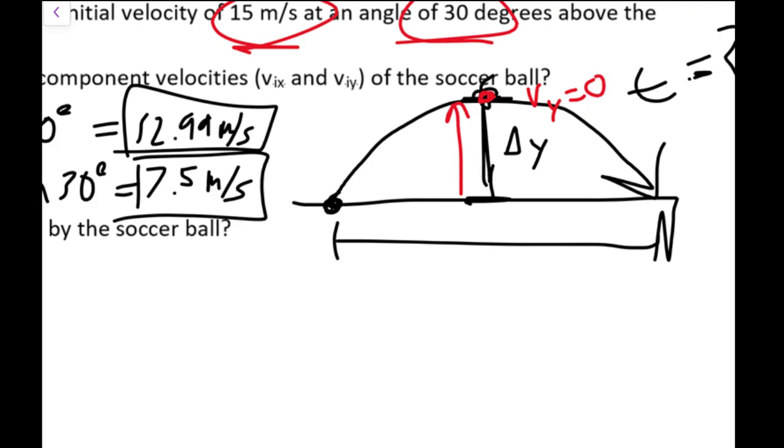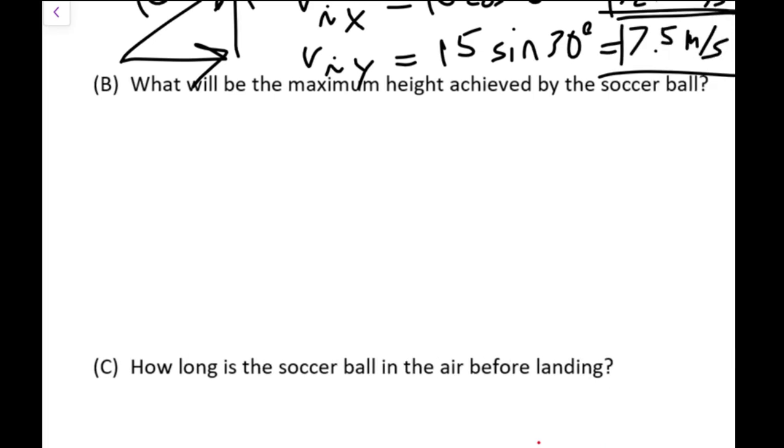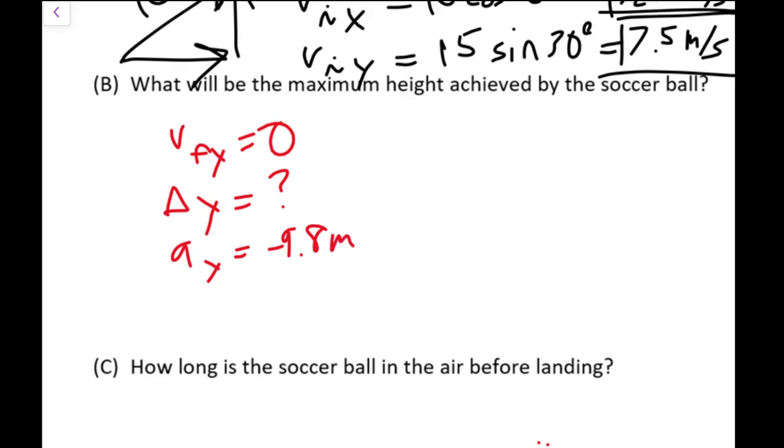So we're going to make this our initial and this our final for part B, which means V final y is 0. We're looking for delta y. We know acceleration is negative 9.8, and VIY, which we found in part A, was 7.5 in the positive direction.